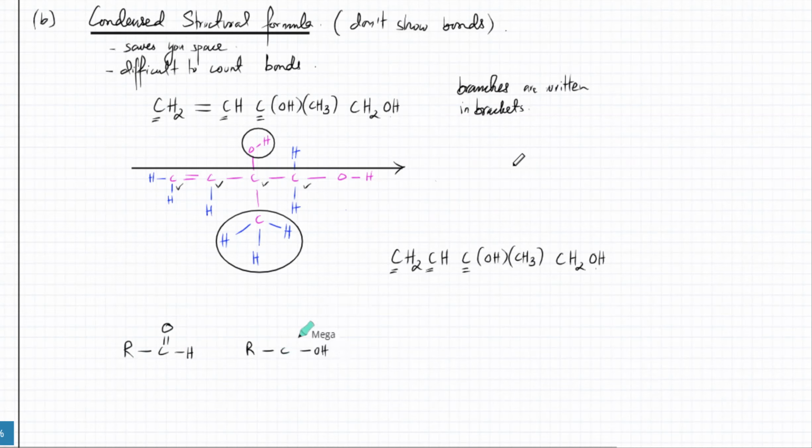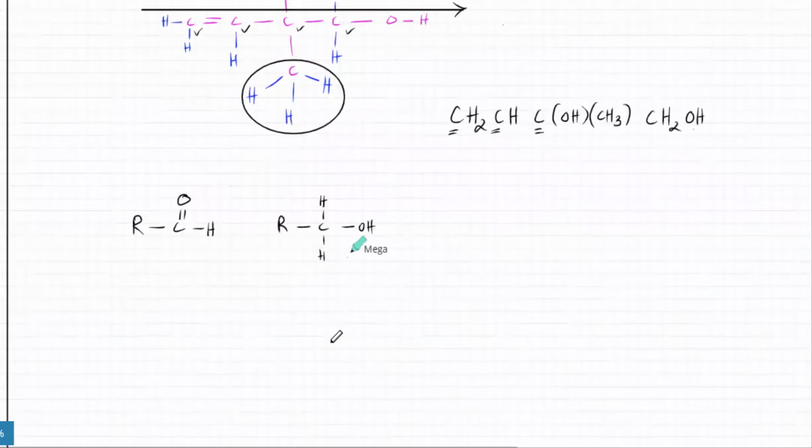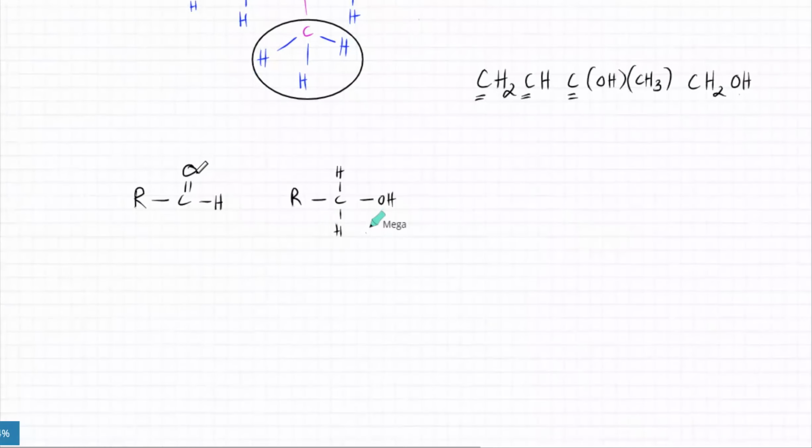You must have heard about alcohols, but not about aldehydes. The problem with writing COH is that this thing is OH, a different functional group compared to this. So if you had written COH, then in the condensed form it would seem as if it's an alcohol. Do you get my point?